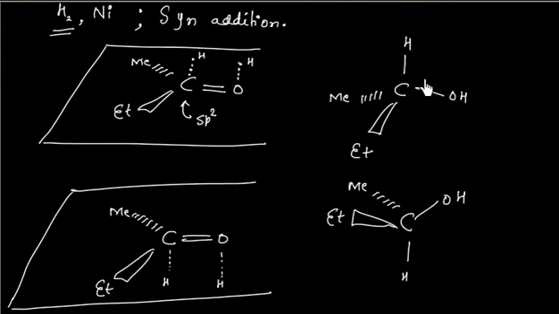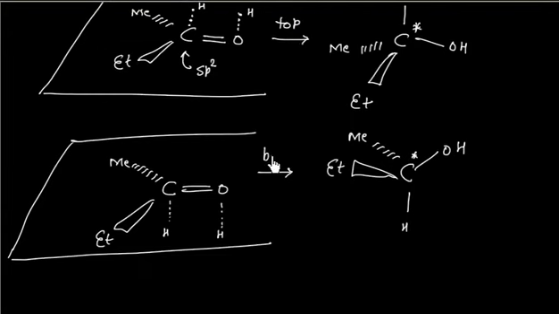Now if you see these two compounds, this carbon is a chiral carbon, because in this case the carbon has four different groups: hydrogen, methyl, ethyl and OH. In one product hydrogen is added from the top face, and in the other hydrogen is added from the bottom face.